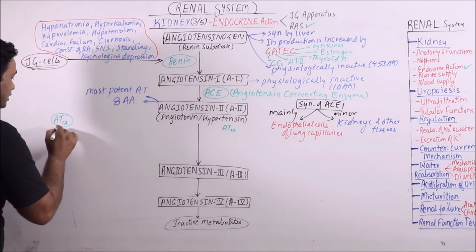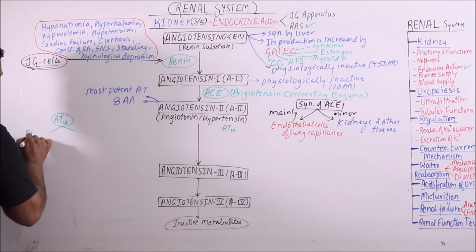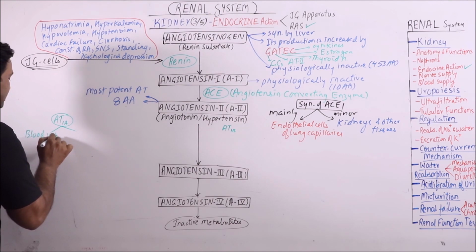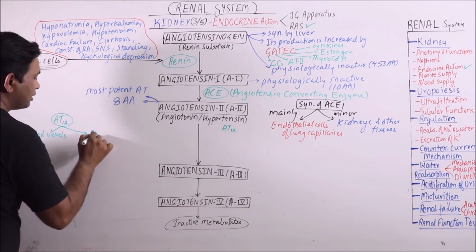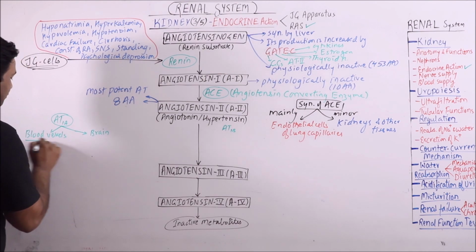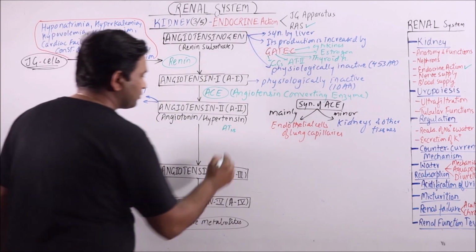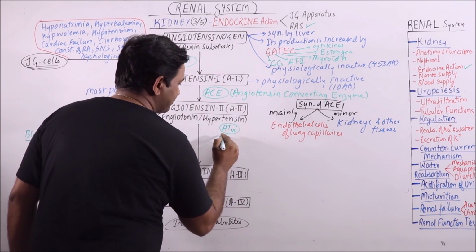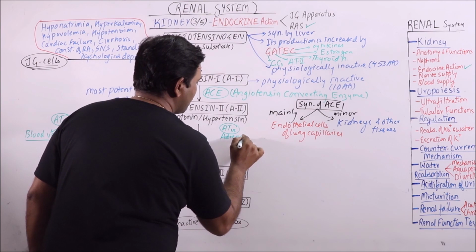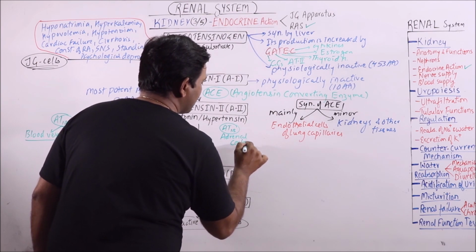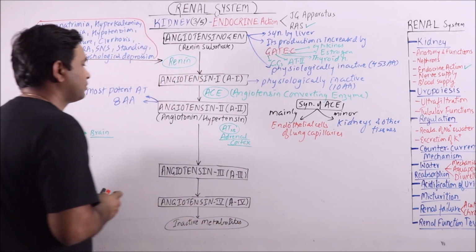Angiotensin 1A receptors are found in blood vessels and also found in brain, while angiotensin 1B receptors are found in adrenal cortex.